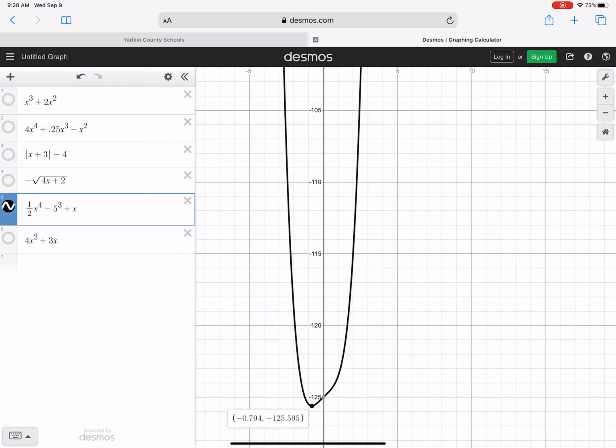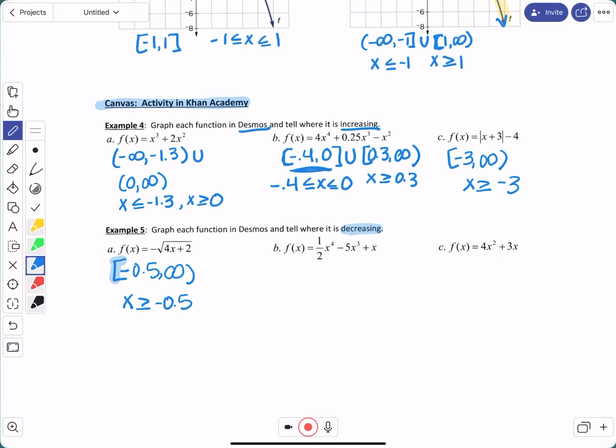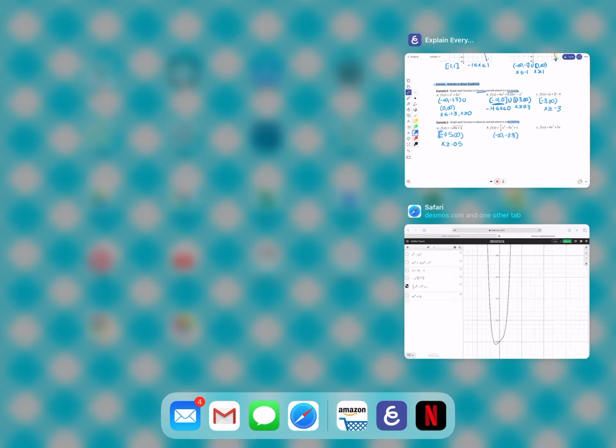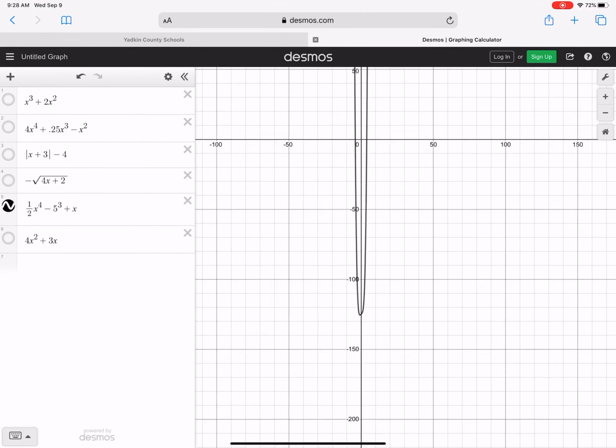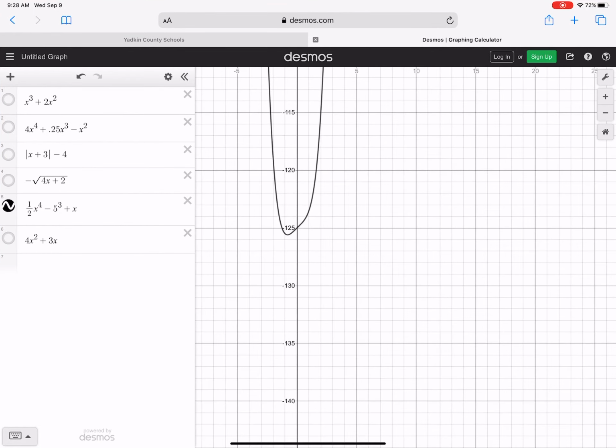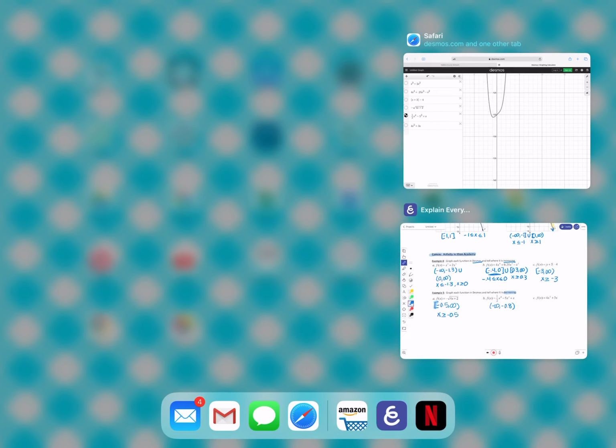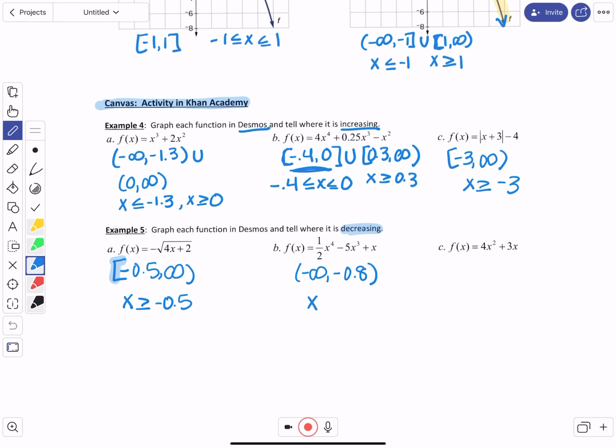So from negative infinity until we get to negative 0.8. I'm going to zoom out and just make sure that that is my entire graph. So x is less than or equal to negative 0.8.